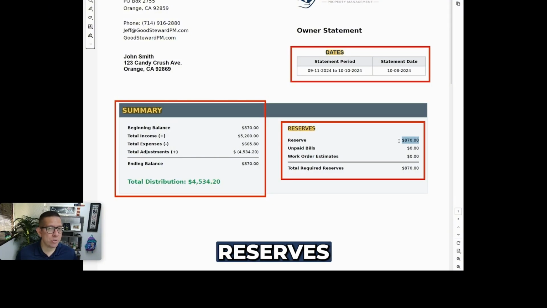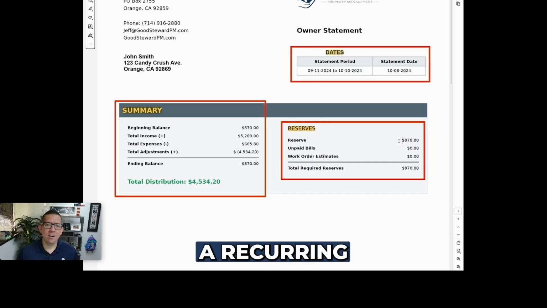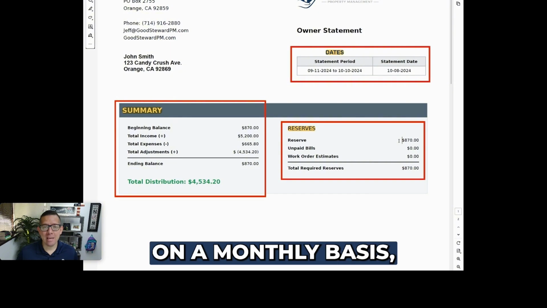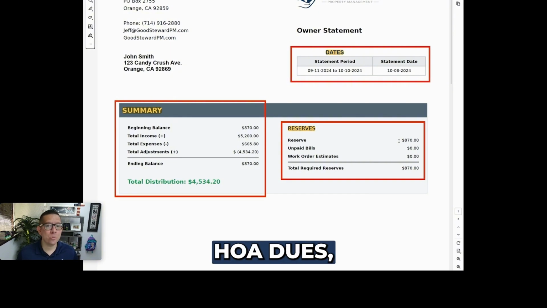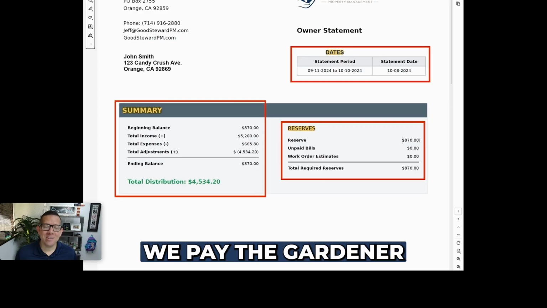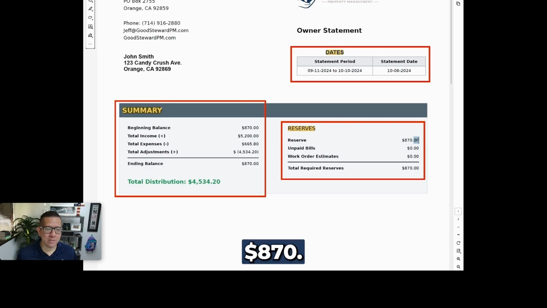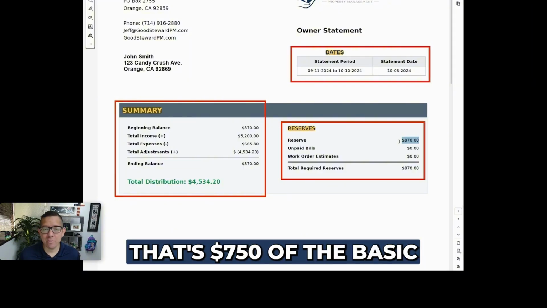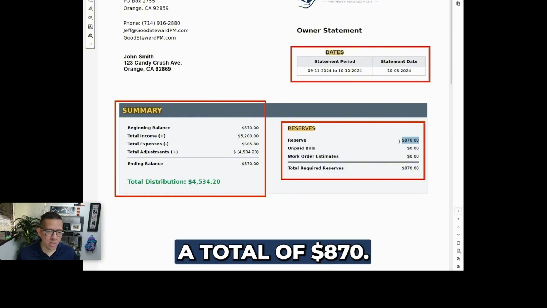That's the basic reserves plus any recurring payables. In this example, our recurring payable is a bill that we pay on a monthly basis, such as the gardener, the pool technician, HOA dues, etc. For this property, we pay the gardener $120. Therefore, the reserve is a total of $870. That's $750 of the basic reserves plus the gardener of $120 for a total of $870.